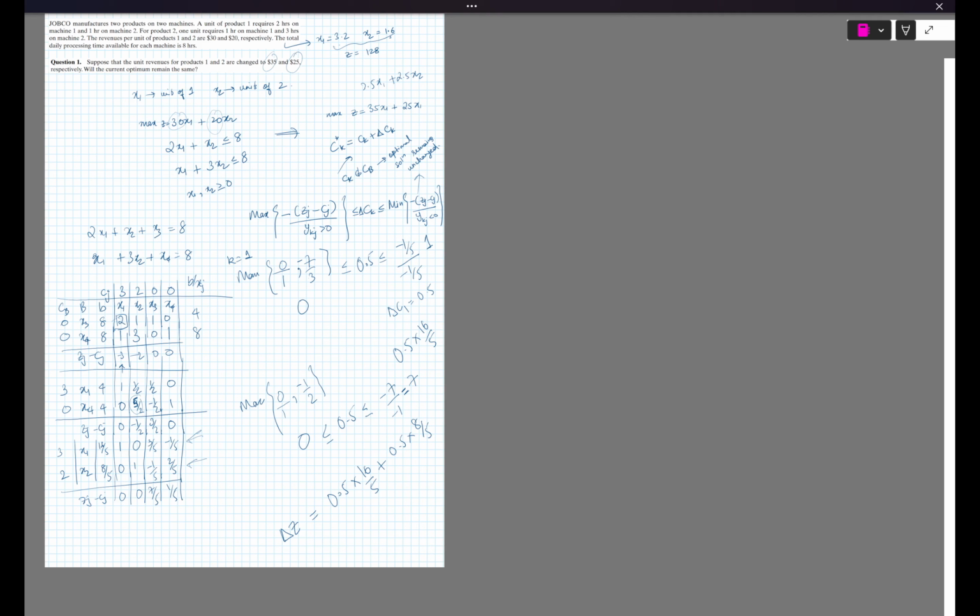Optimal x1 star, x2 star will be same. Only the objective value will improve. So the current optimal solution will be same, but the optimal objective value will change.